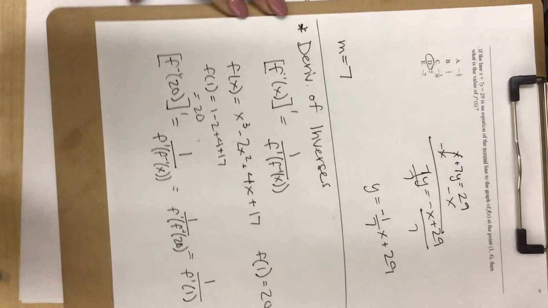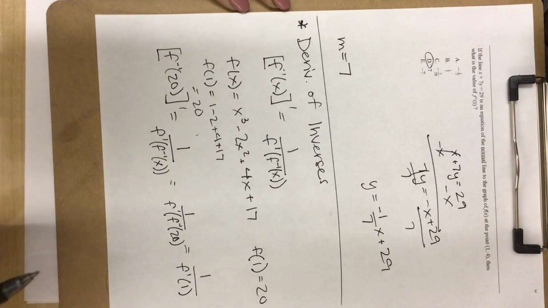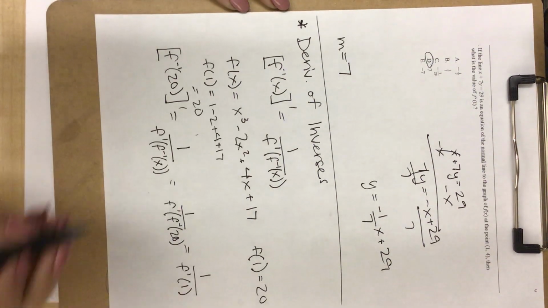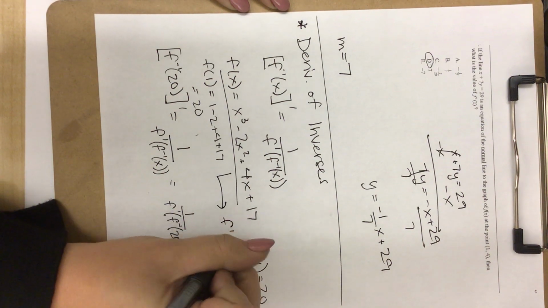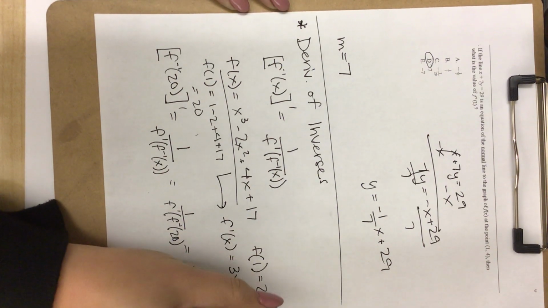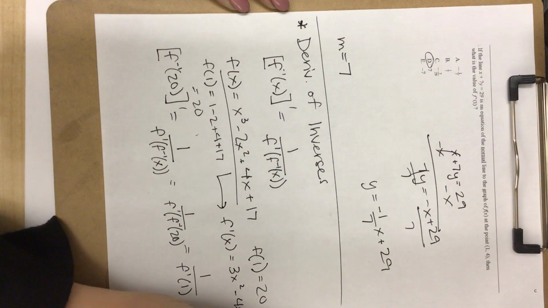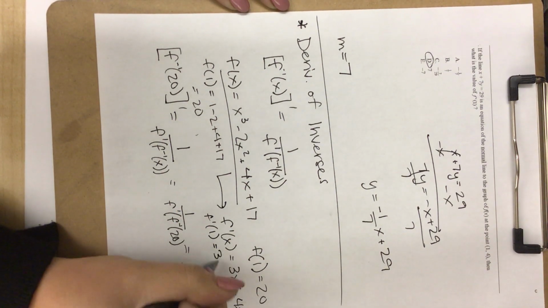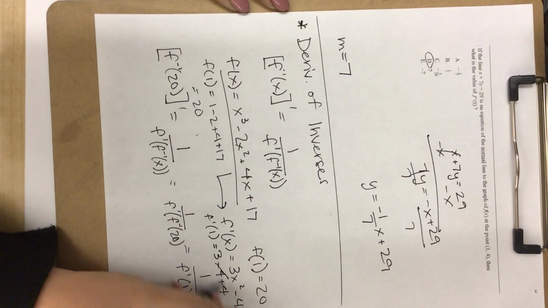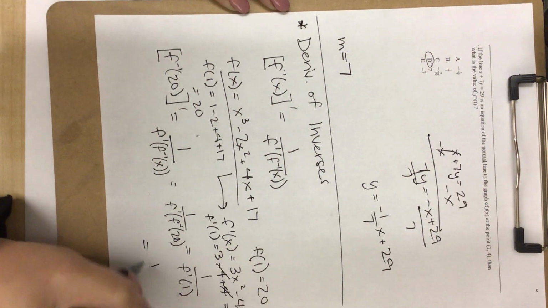So basically all you have to do is take the derivative and plug in 1 and put it underneath. So the derivative of this function here, 3x squared minus 4x plus 4, plug it in at 1, I get 3 minus 4 plus 4, that's 3. So your answer would be a third.